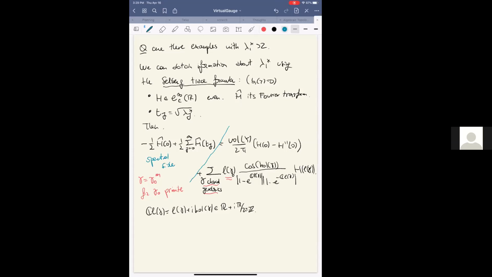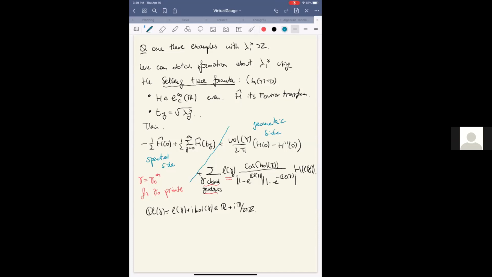While on the right we have the geometric side. Everything here only depends purely on the hyperbolic geometry of the manifold. So in particular, once you know the volume and the lengths of the geodesics, for any function you can compute the right side, and using that relation you can hope to get some information about the left side.